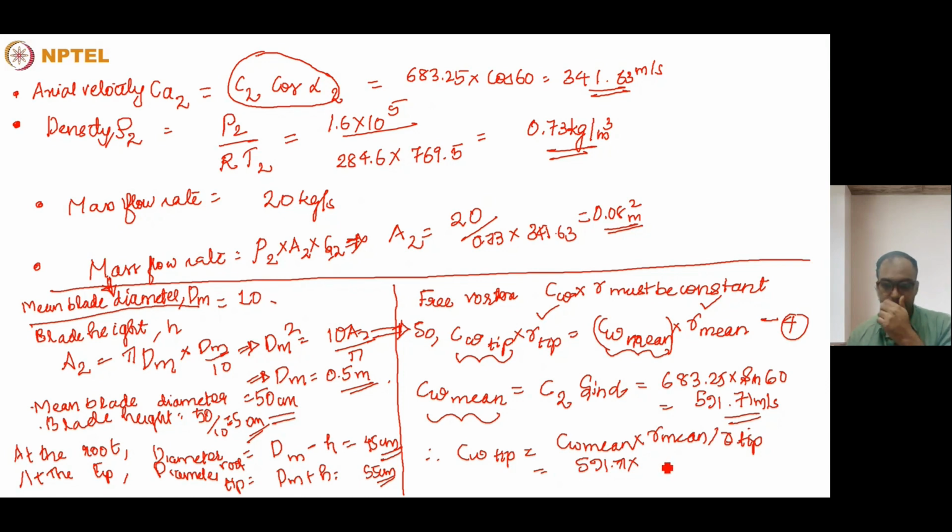R mean, the mean radius, will be equal to 25 centimeters, and the tip radius will be 27.5. So the whirl velocity component at the tip will be equal to 537, slightly lower than the mean component in order to keep the free vortex criterion constant.